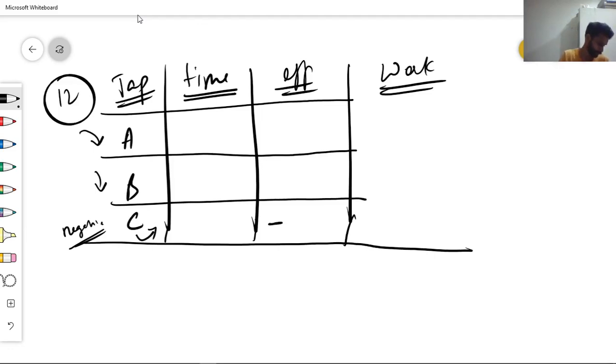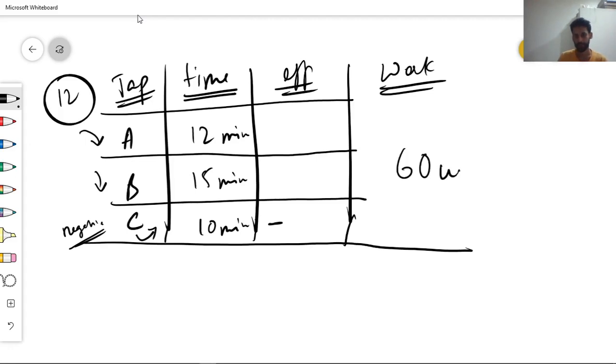Time, this one is taking 12 minutes, this one is taking 15 minutes, and this one takes 10 minutes. So the LCM will be 60 units. So here it is 6, here it is 4, here it is 5.